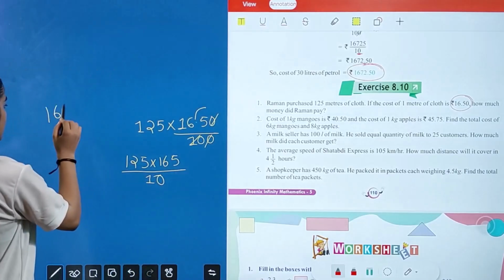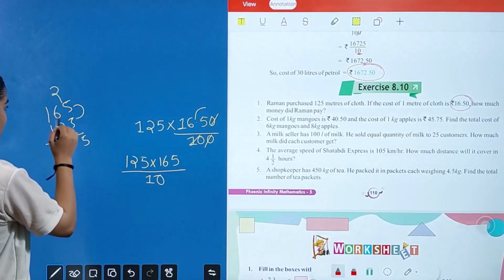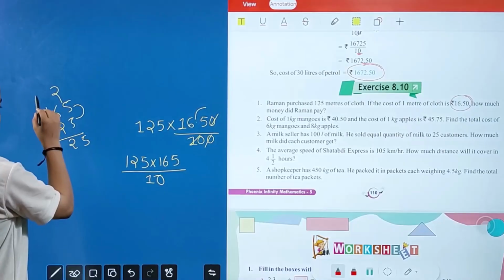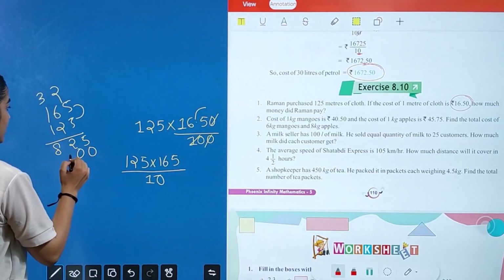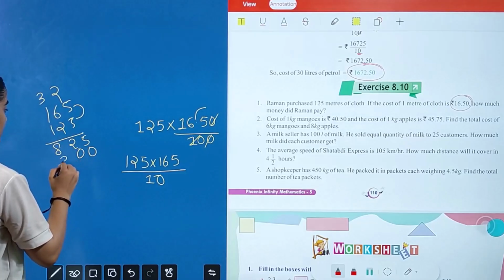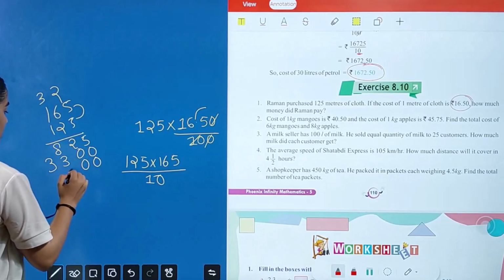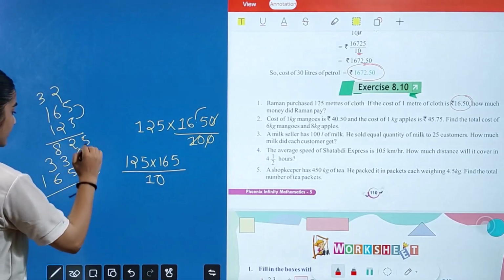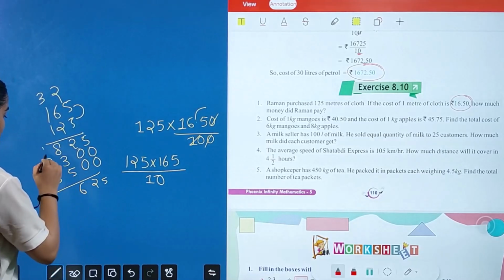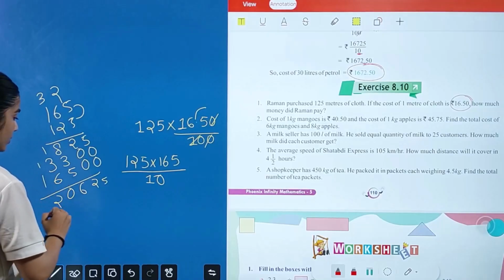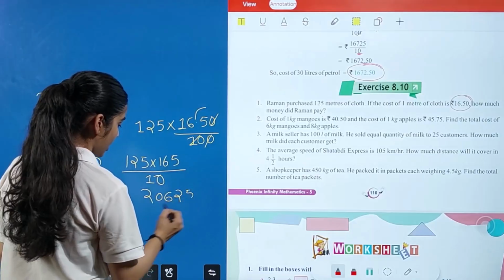So 165 multiplied by 125: 5 5s are 25, 2 5 6 are 30, 2 3 5 1s are 5, and 8 0, 2 5s are 10, 1 2 6 are 12, 13, 1 2 1s are 2, 3 0. So your answer is 20625 upon 10.